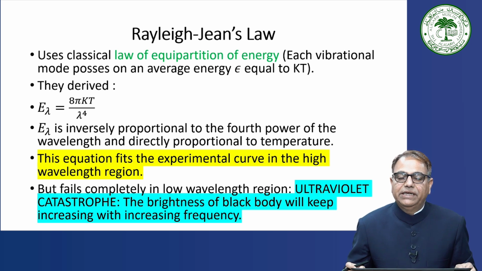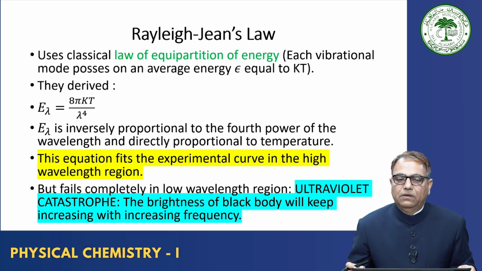So here he said that the energy of the radiations emitted from the black body is inversely proportional to the fourth power of the wavelength. In the previous law it was the fifth power of the wavelength, in this law it was the fourth power.